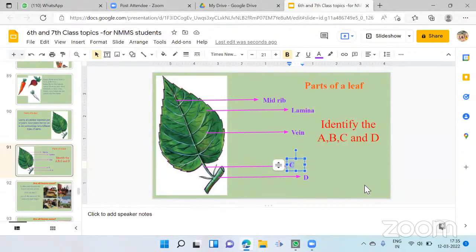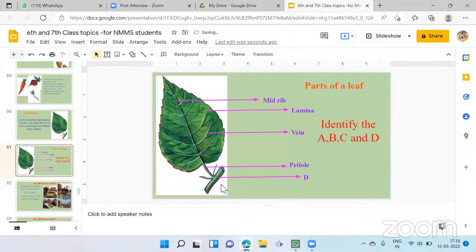Yes, petiole. This is the petiole. Okay. And what is this one? This is the leaf base. D is the leaf base, where the leaf is attached to the stem.